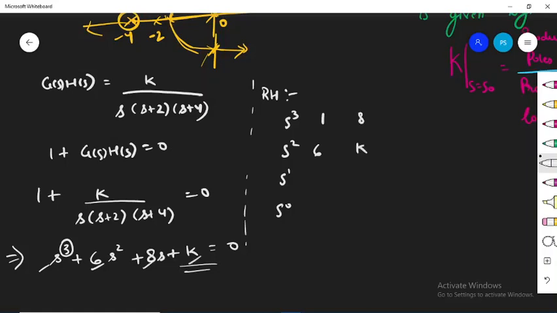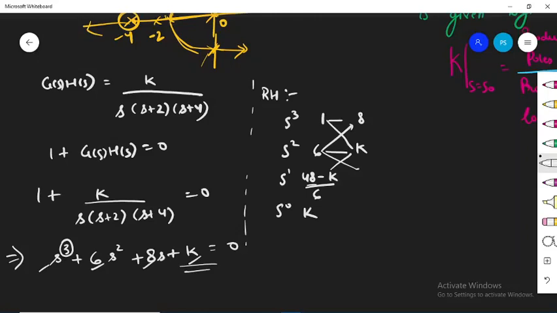So the term over here will be (8 into 6 minus 1 into k) divided by 6, so it will be (48 minus k) divided by 6, and here it will come out to be equal to k.